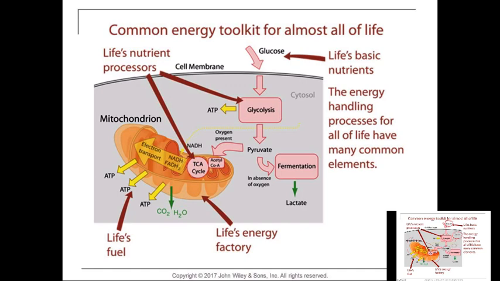That's what pyruvate is. And in the presence of oxygen, that pyruvate can enter into the mitochondria, or if oxygen is absent, then it turns into another type of sugar called lactic acid, or lactate. But in the presence of oxygen, you get acetyl-CoA, that enters the Krebs cycle, and you're making some energy with the Krebs cycle, and then that goes into the electron transport chain, where you make lots of ATP.